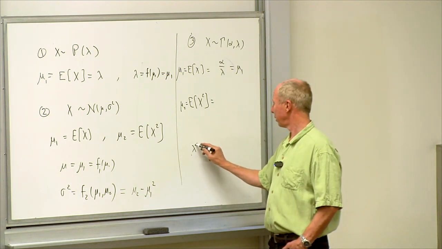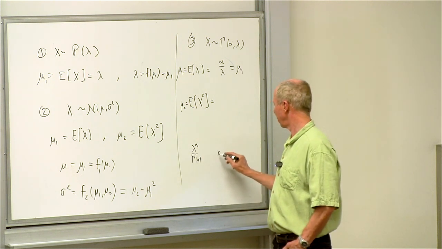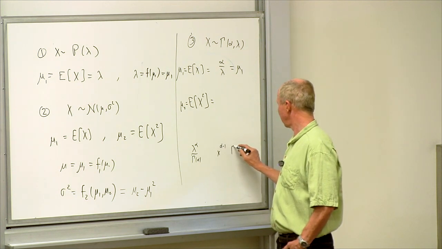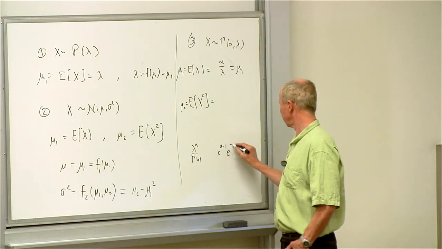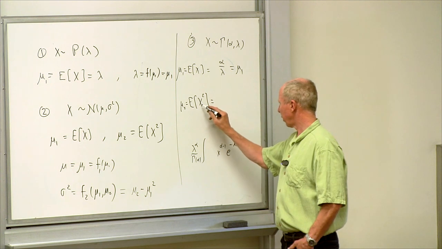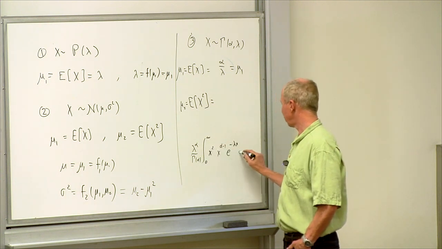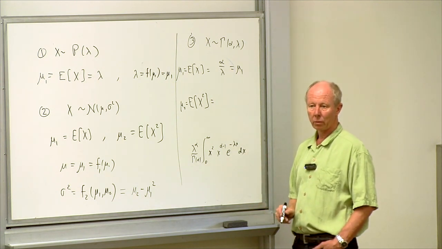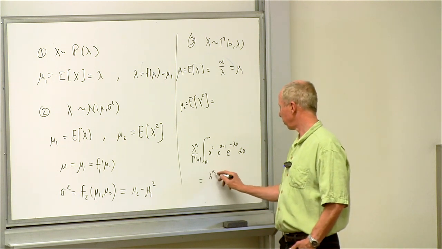What's the density? To get the expected value of x squared, I multiply the density by x squared. So this is lambda to the alpha over gamma of alpha.